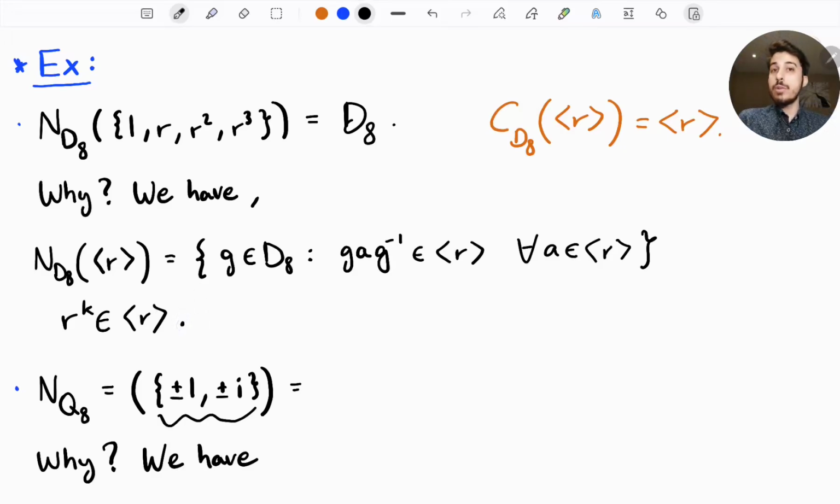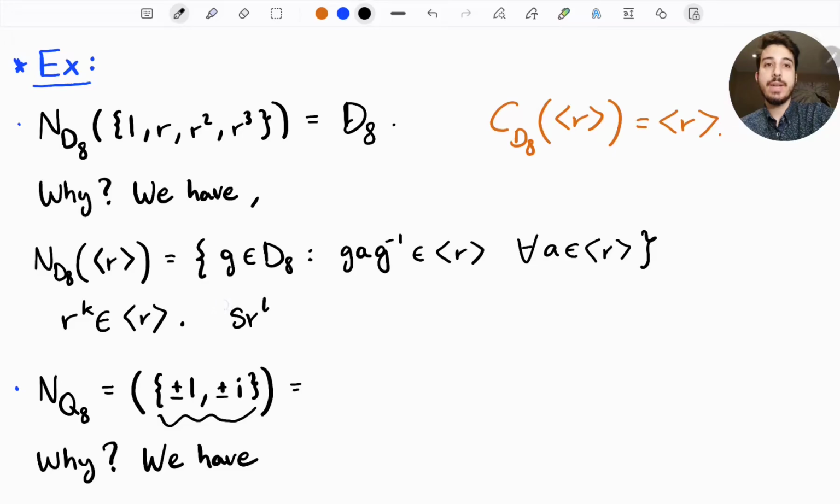So we know that D8 is generated by S and R, and we know that the elements of D8 are of the form S R to the l, where l could be 0, 1, 2, all the way to n minus 1, right?